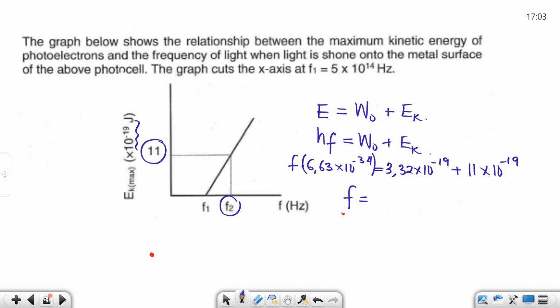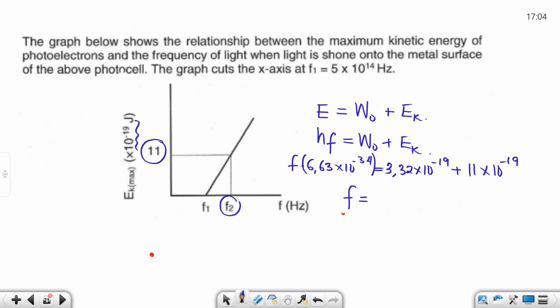Let's check with calculator usage. Yes, 2 decimal places.